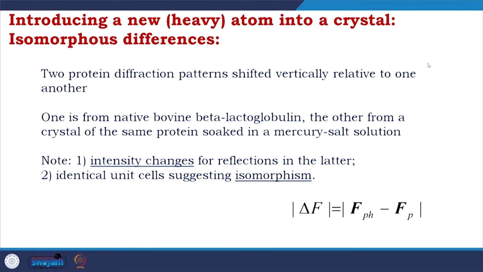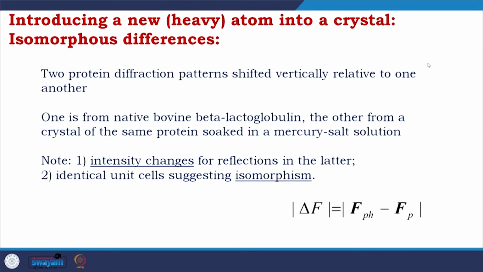So, here are two protein diffraction patterns shifted vertically relative to one another. One is from native bovine beta lactoglobulin, I am coming to that, and the other from a crystal of the same protein soaked in a mercury salt solution. So, as a heavy metal, we are using mercury.